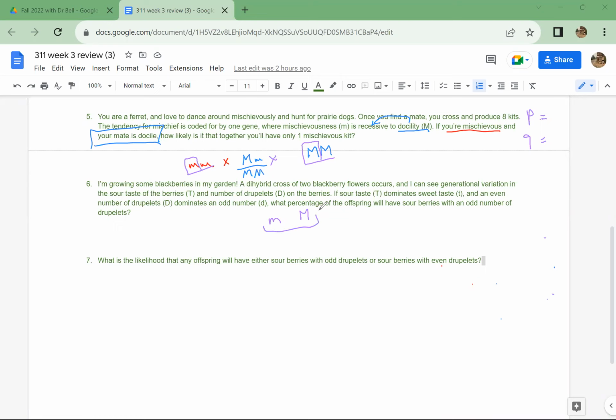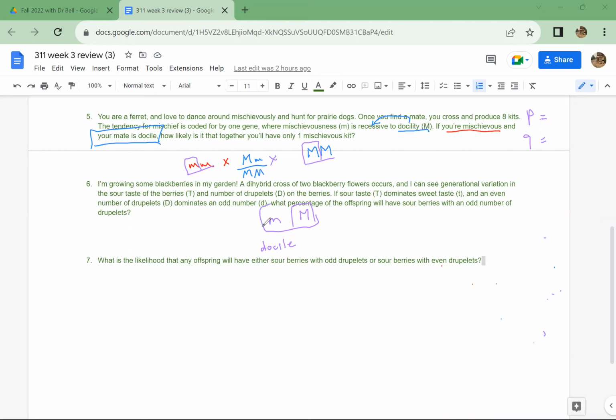What is the phenotype of this offspring? Because they have at least one dominant allele, which in this case codes for a docile predisposition in a ferret, this genotype corresponds to a docile phenotype.